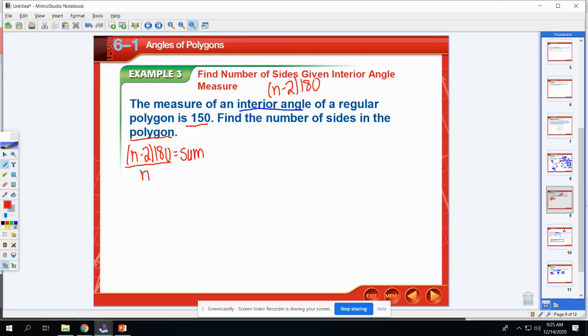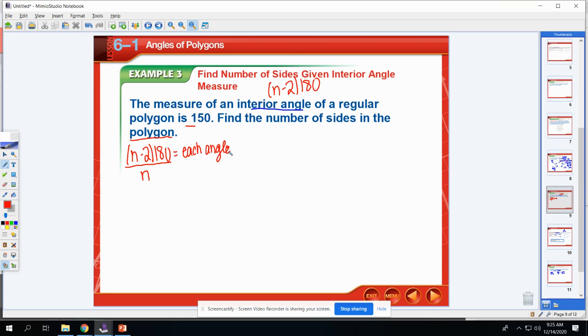If we divided this by the number of sides, what that would give us is the degree in each angle, okay? So this formula, n minus 2 times 180 divided by n, actually gives us the degree of each interior angle. So I'm going to say each angle.